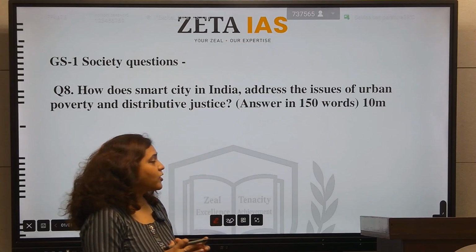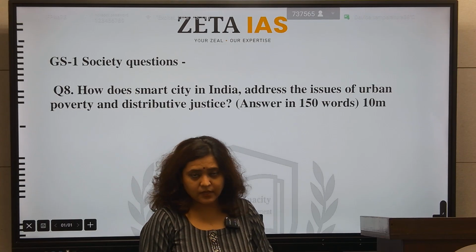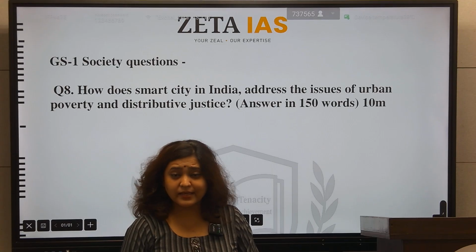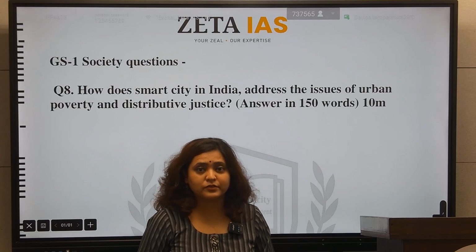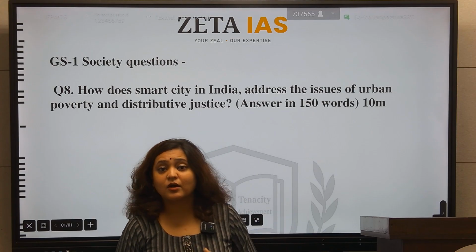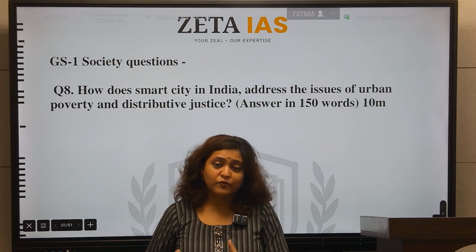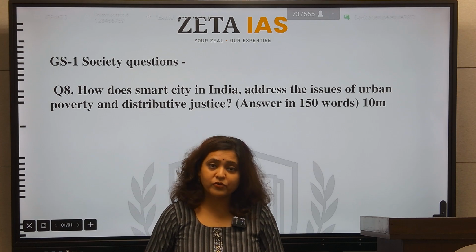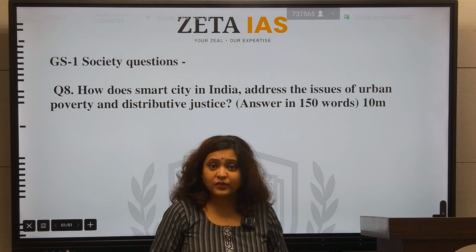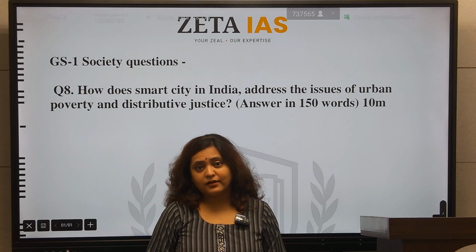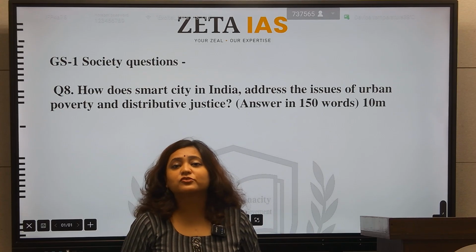For example, a city has too many flats, good houses, good housing complexes, but those houses are very expensive, which means that people from the lower income group or moderate income group cannot afford to live in these places. So they have to adjust themselves into crammed houses where living conditions are very poor.